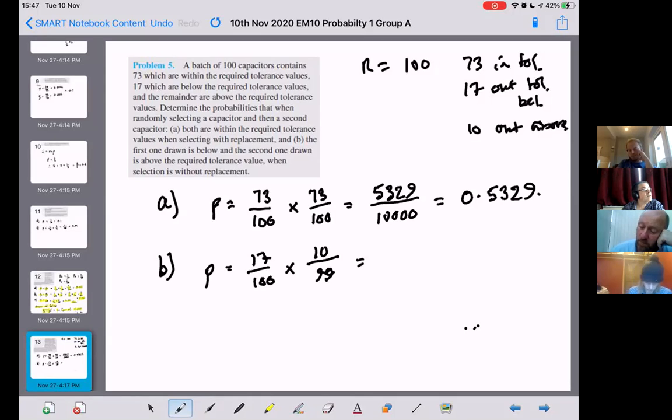You get 0.017. Well, that's top line is 170.